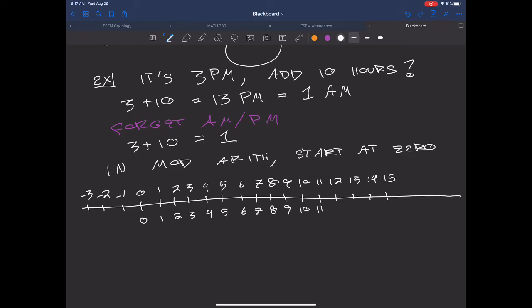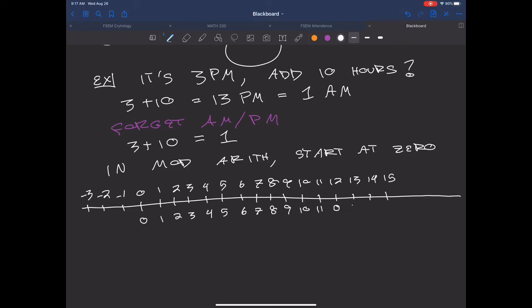At least when we're working on wrapping around 12 here. But once we get to 12, what we're going to do is we are actually going to wrap back around to the beginning, to 0. And so when we get to 12, all right, so 11 plus 1 is actually going to be 0. The next number after 11 is 0 because we're going to wrap back around to 0.